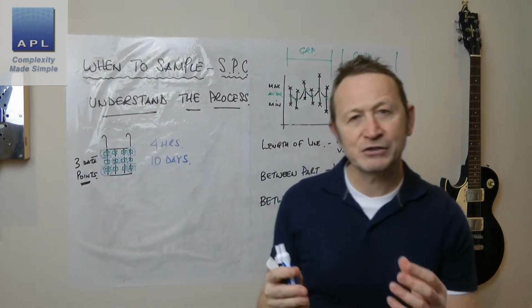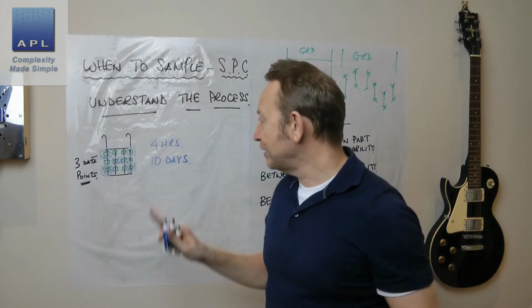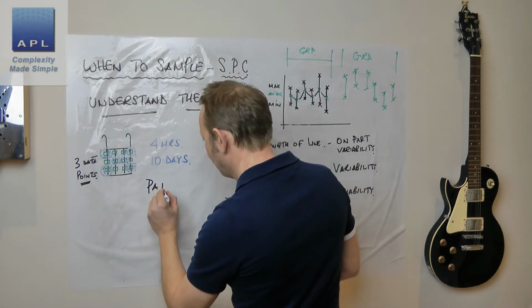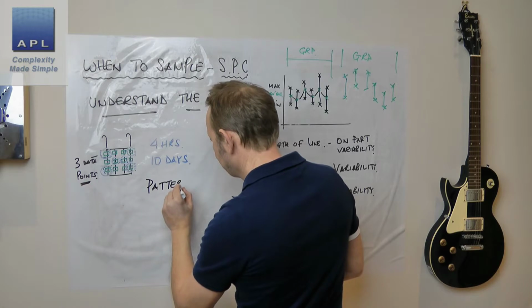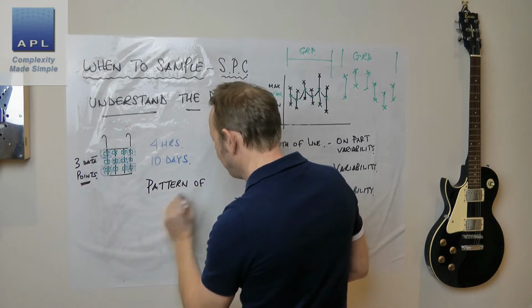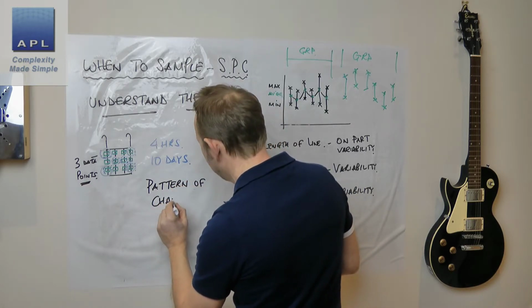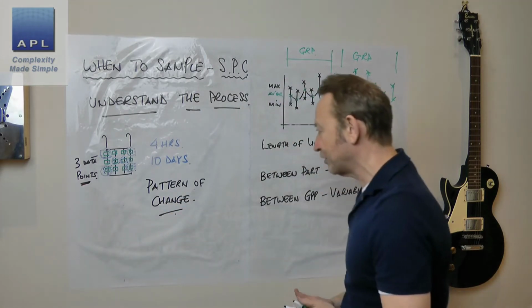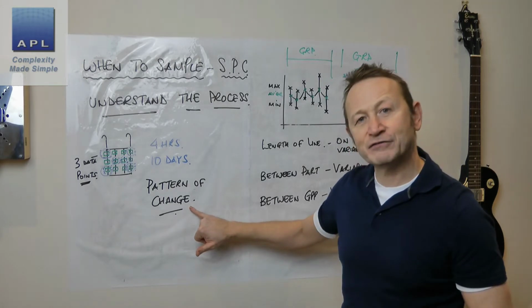Now you're going to see a pattern of change. So what you're looking for is a pattern of change. I don't know where this pattern of change would show up for this particular process, but you're looking for a pattern of change.